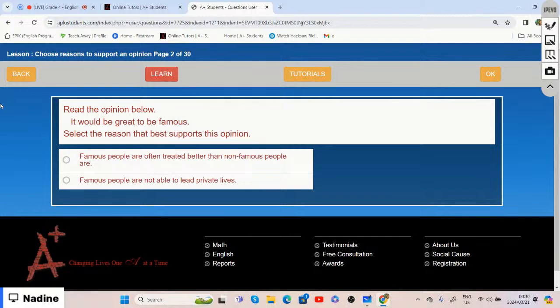Or famous people are not able to lead private lives? This person says it would be great to be famous. So they want to be famous. But why? Option one or option two?